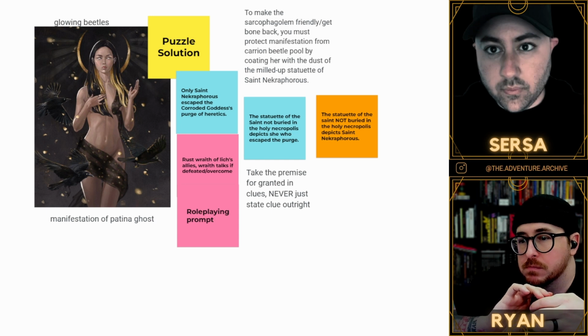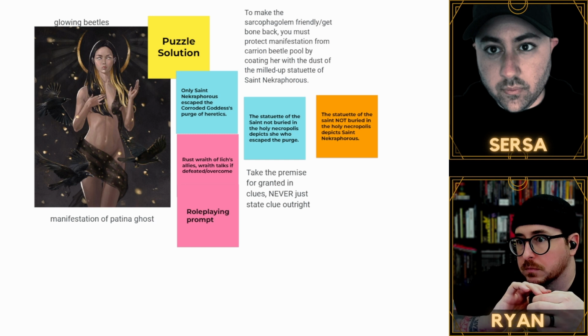In this case, we want to talk to the NPC, and the NPC is going to reveal this information about Saint Necrophorus. What you want to avoid is the NPC just being like, "Oh, here's this little piece of information that I think you'd like." You know what I mean? That can feel a little contrived.